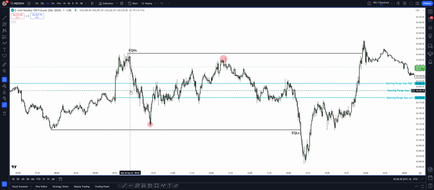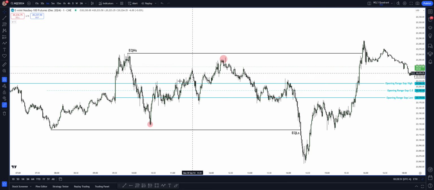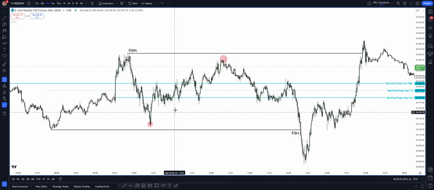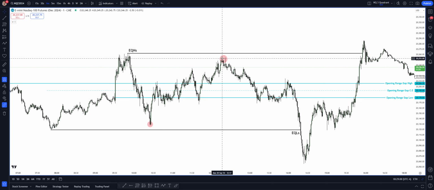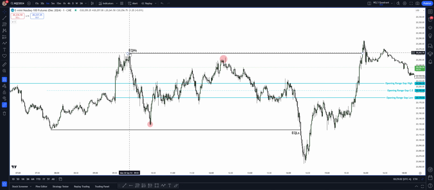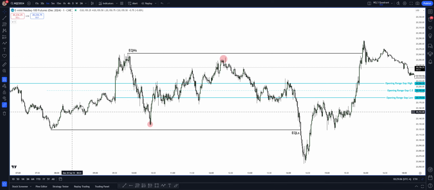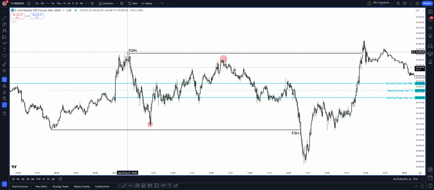The main thing for today's session was that the morning session was there just to build liquidity. What I mean by that is it basically doesn't engage. It forms a range from pre-market, 8 a.m. to 10 o'clock here.